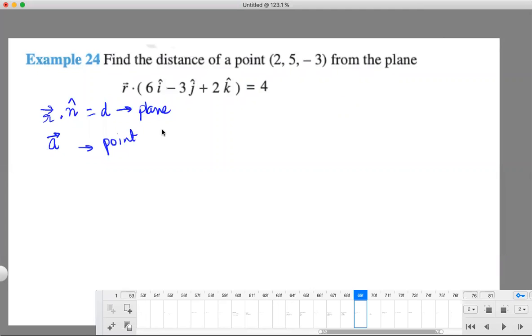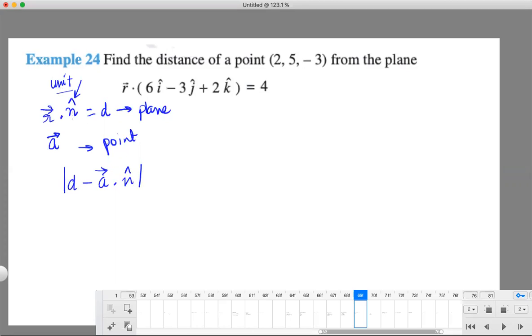So now, however, remember that this form requires this to be a unit vector. If this is the unit vector, only then the formula that we worked out applies. What was the formula? We said that the formula is d minus the vector a dot the unit vector, and the modulus of this.